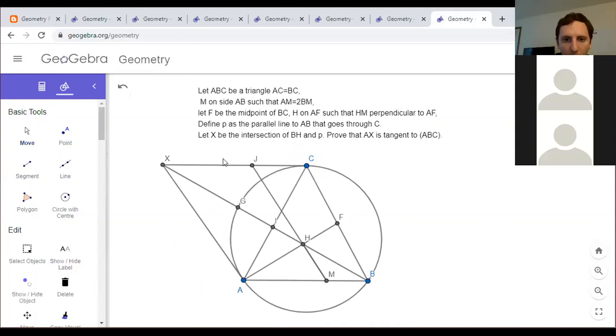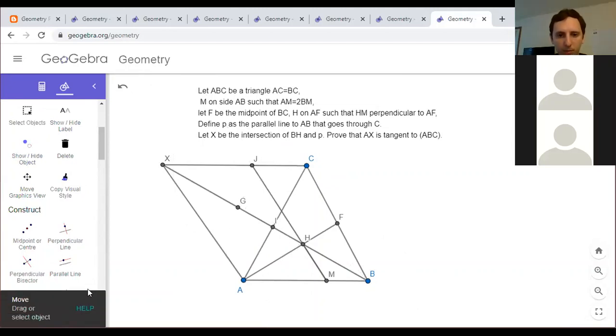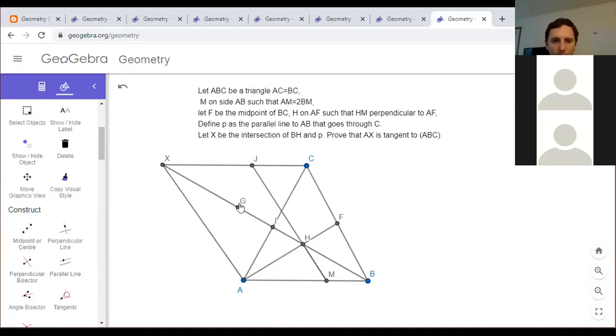Can we please remove the circumcircle of ABC for a second? But yeah, I want to use projective geometry since we know that AF, we see that HM is parallel to AX because, wait, that would be the case if A, B, C, X is a parallel.